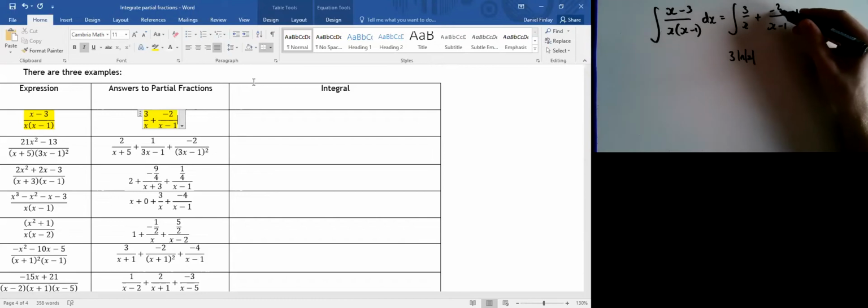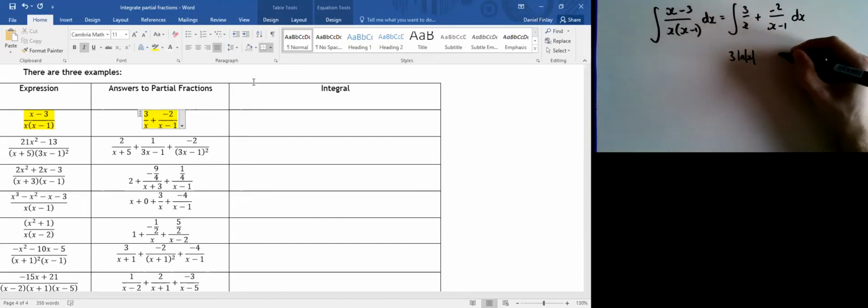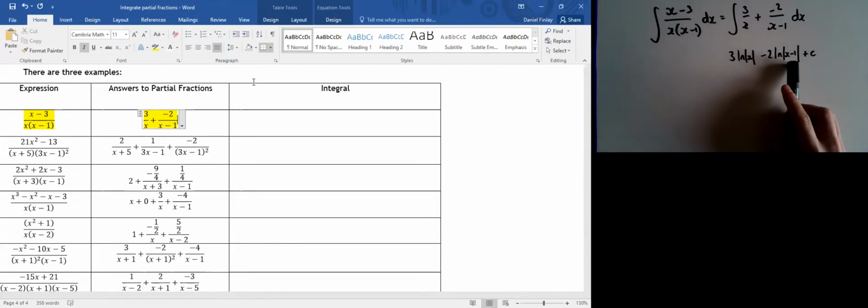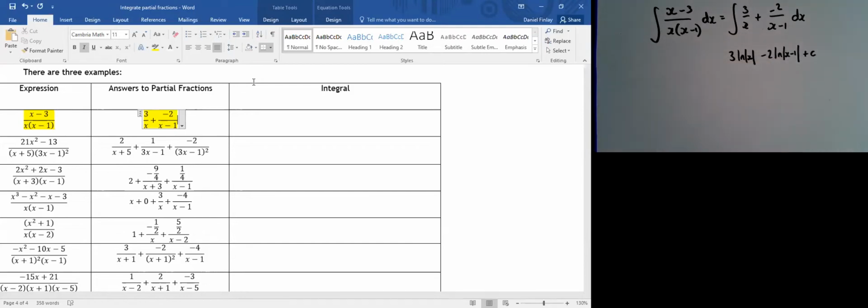I'm going to ignore the minus 2 at the top. 1 over x minus 1 integrates to ln x minus 1. Now I don't have to divide by anything, because if I differentiate that, I just get 1 anyway. And then I need the minus 2 at the front. So see, that's it. Remember, I need these modulus signs around my function inside the ln.